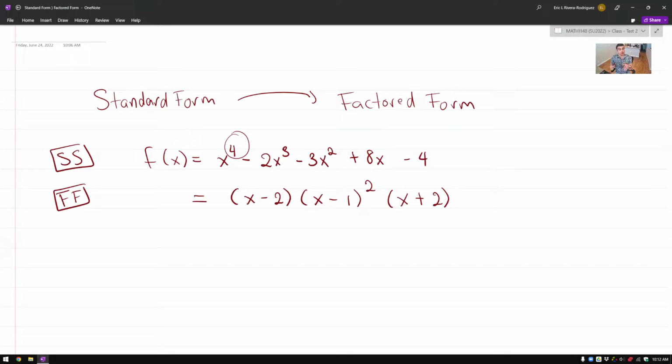Also, we are going to learn about the complex zeros, the imaginary number, and why they are important for polynomials and why we need to learn about them. Okay?